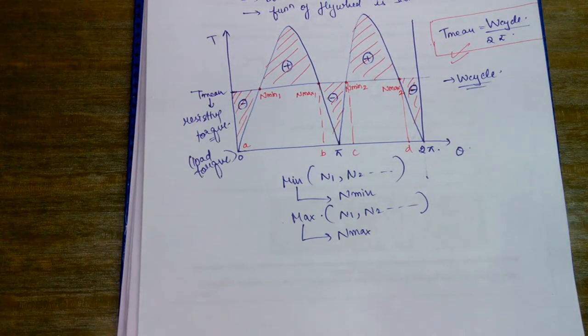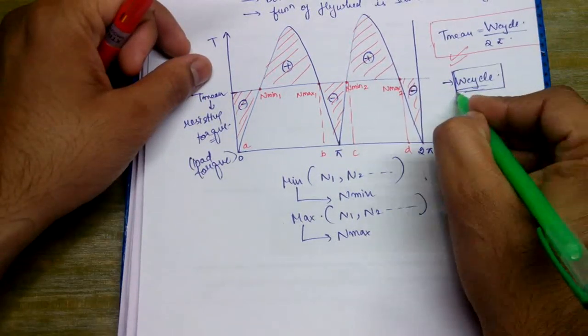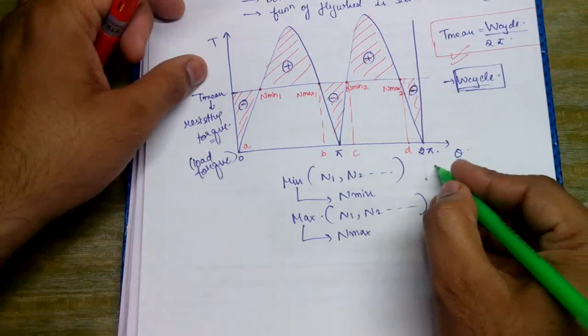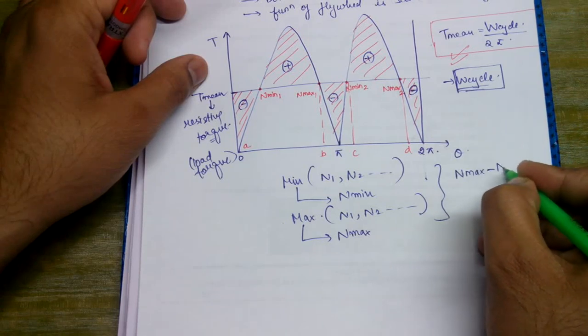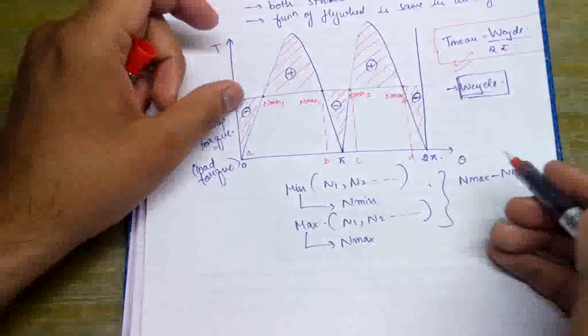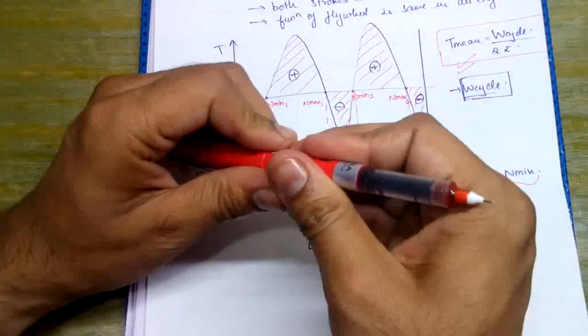So we have seen that even after the installation of the flywheel, we still have fluctuations of the speed. One important point is W cycle will generally be evaluated by means of integration. Now the fluctuation of speed would be n max minus n min.